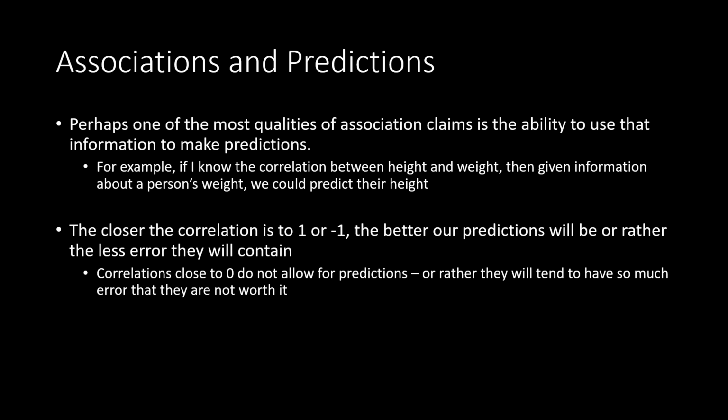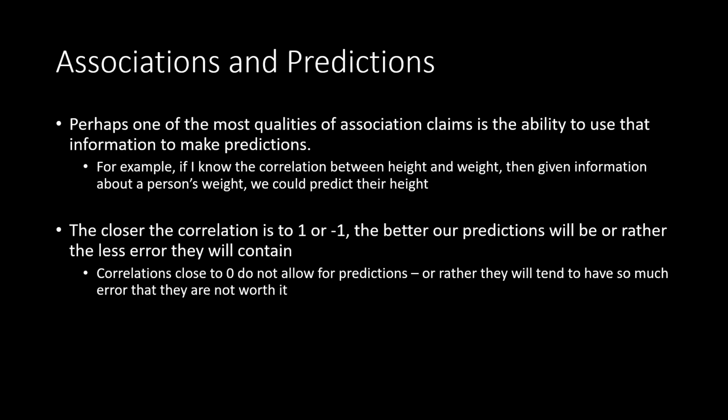and in some cases, incredibly accurately. Now, the closer the correlation coefficient is to 1 or -1, ultimately the stronger that correlation is, the better our predictions will be, or rather the less error that they will contain, even though unless you have a correlation of exactly 1 or -1, there will always be some error, and in real life you are exceedingly unlikely to ever come across a correlation that is exactly 1, -1, or 0 for that matter.